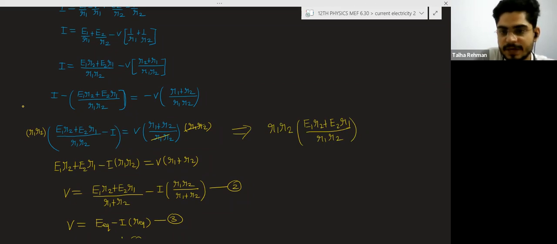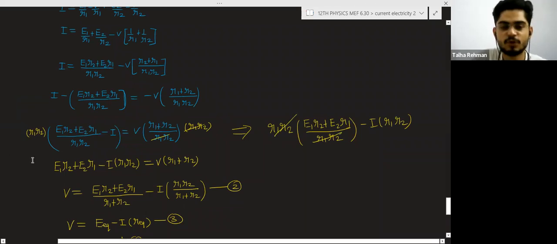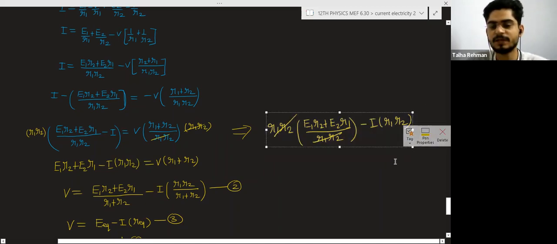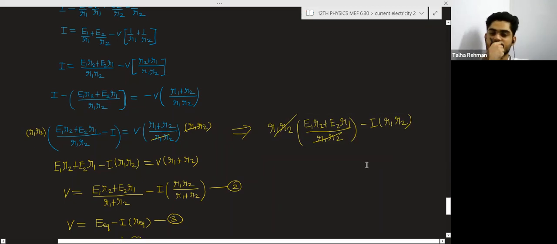This is one term, and here is I into R1 into R2. So I have cancelled this, but I have not shown this step here. That is why I have written E1 R2 plus E2 R1 minus I1. I have just skipped this step to save time.